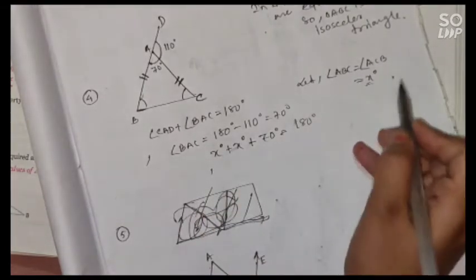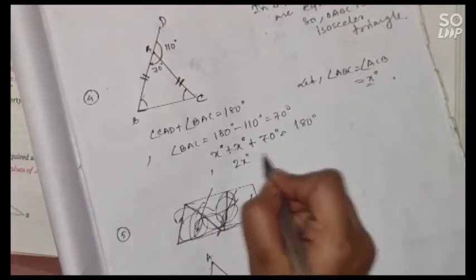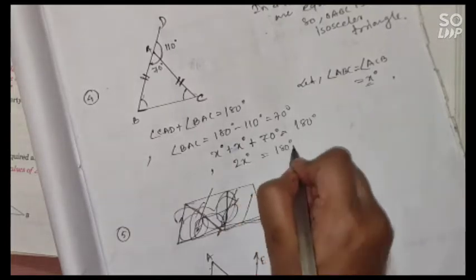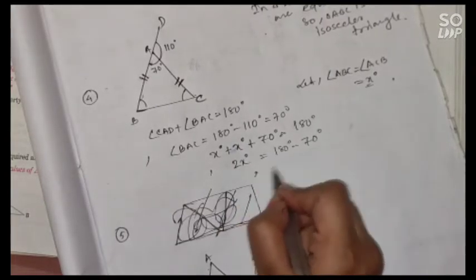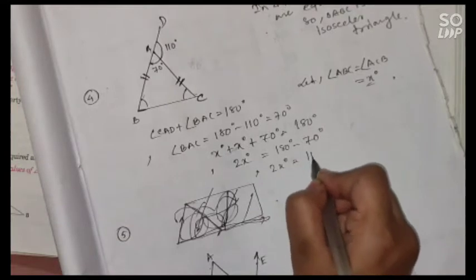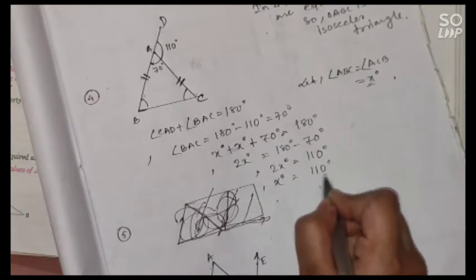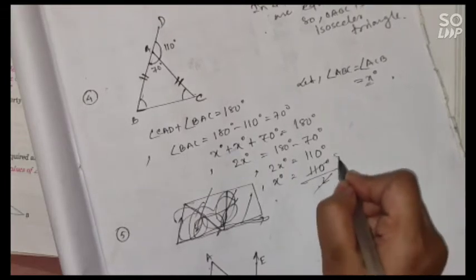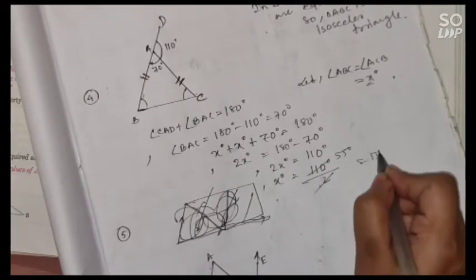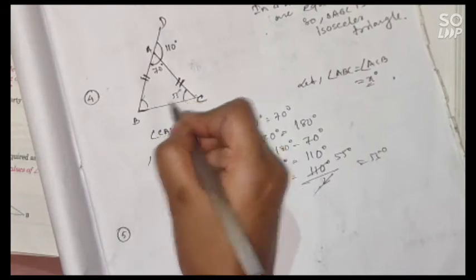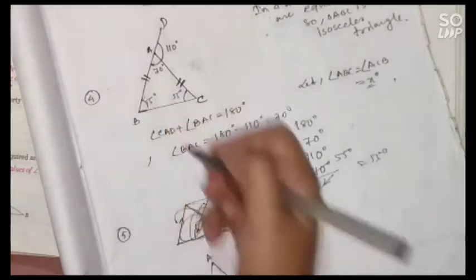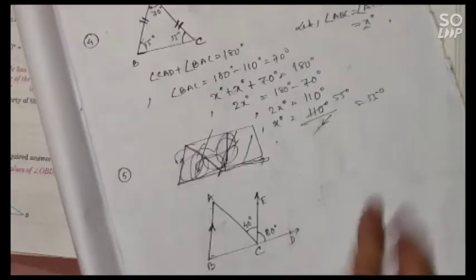You have to find the value of x. 2x degrees equal to 180 minus 70 degrees. 2x degrees equal to 110 degrees. Then x equal to 110 by 2, 55 degrees. So this value is 55, this value is 55. Okay, this is the answer.